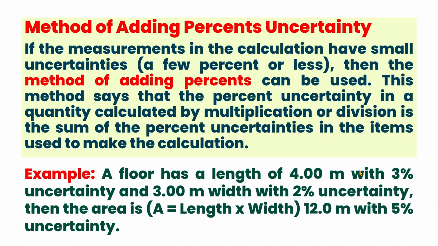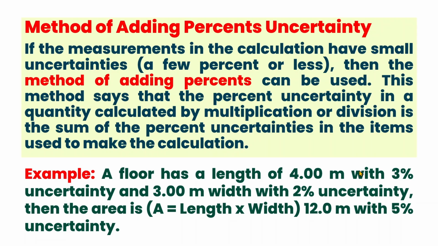Example, a floor has a length of 4.00 meters with 3% uncertainty and 3.00 meters width with 2% uncertainty. If you notice, the two dimensions have their own uncertainties. If we multiply these values, all we need to do with their uncertainties is add them. The formula for area, we know, is length times width.